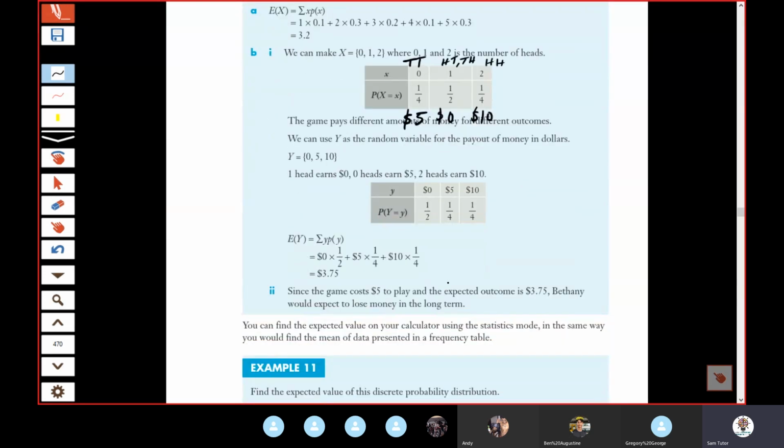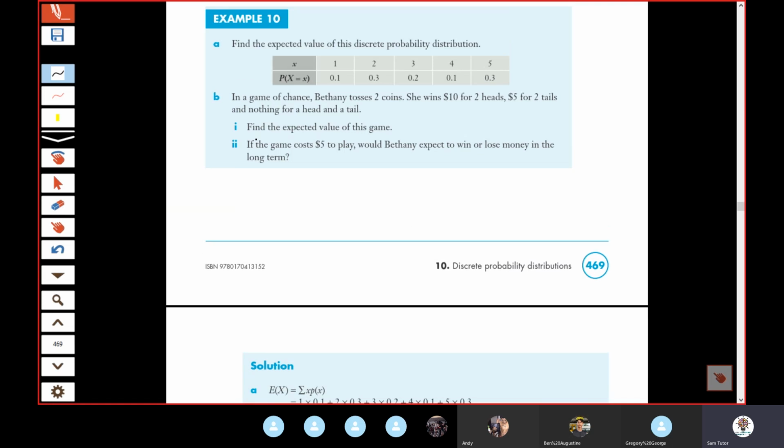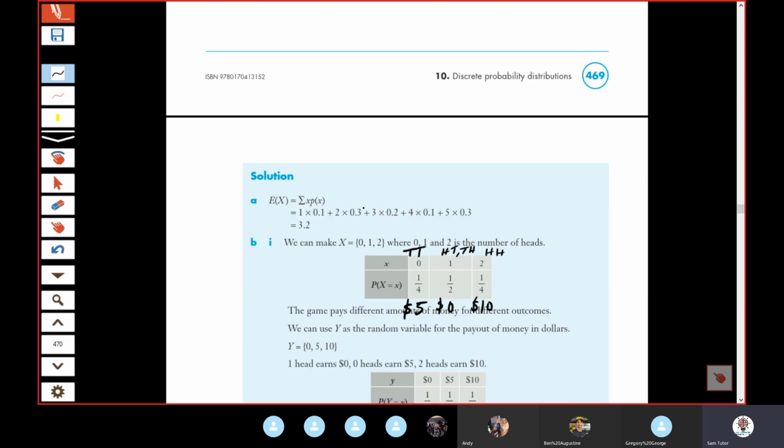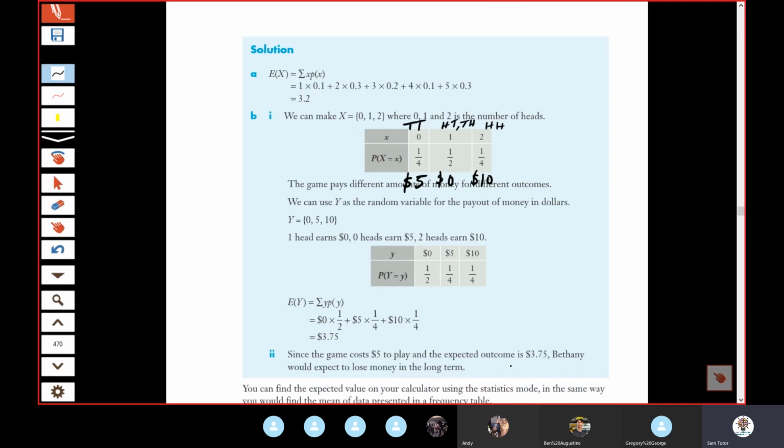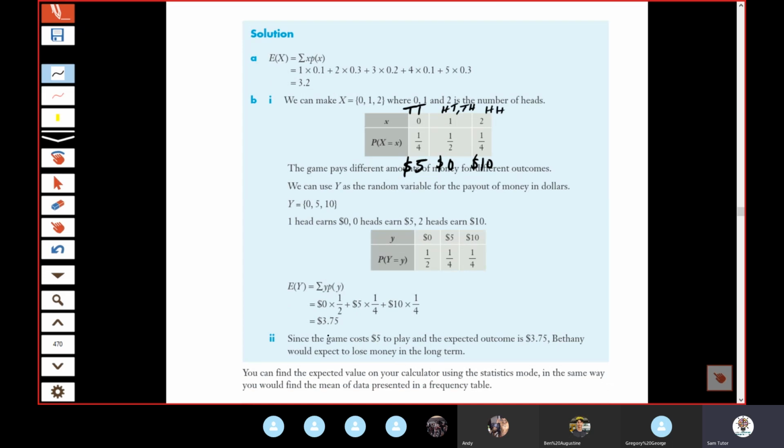Okay, and then what is B? If the game costs $5 to play, would Bethany expect to win or lose money in the long term? Well, if you expect to make $3.75 and it costs you $5, you expect to lose $1.25. So since the game costs $5, but you expect to win $3.75, you would expect to lose money in the long term.